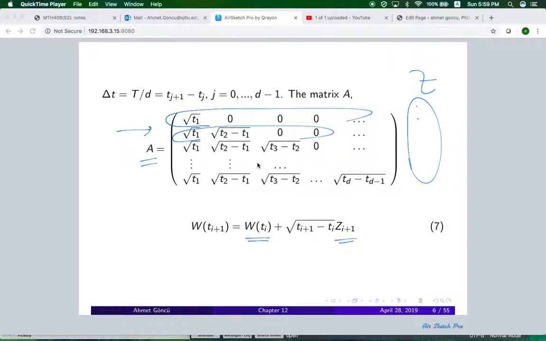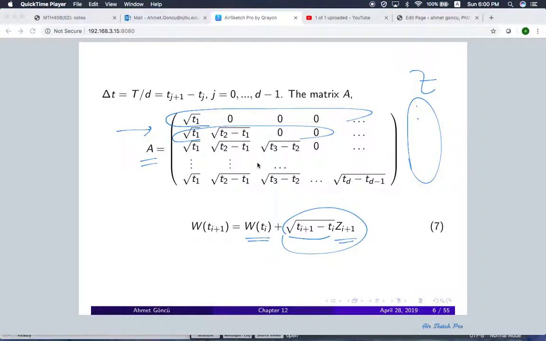So in the standard construction, we can start with the first Brownian motion term and then go to the next time step by adding the new random noise, multiplied by the standard normal times the square root of the time difference, which captures the variance, right?